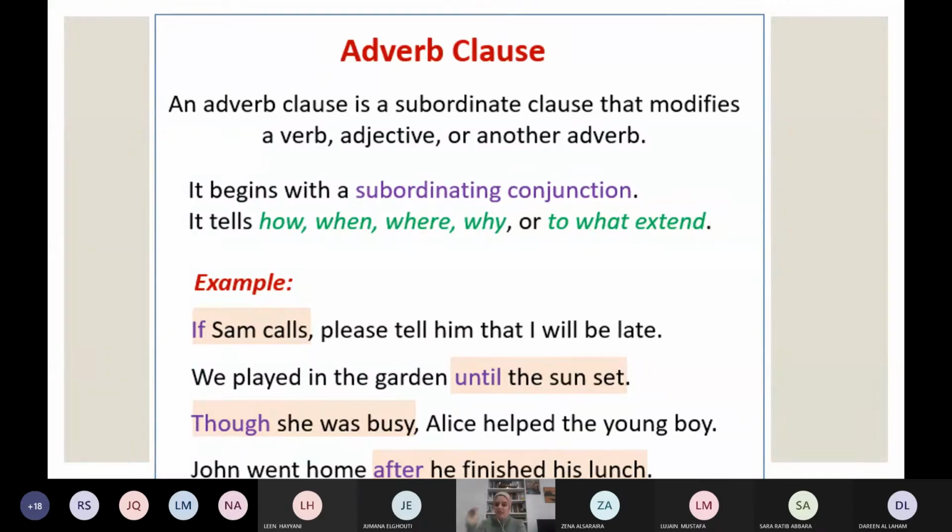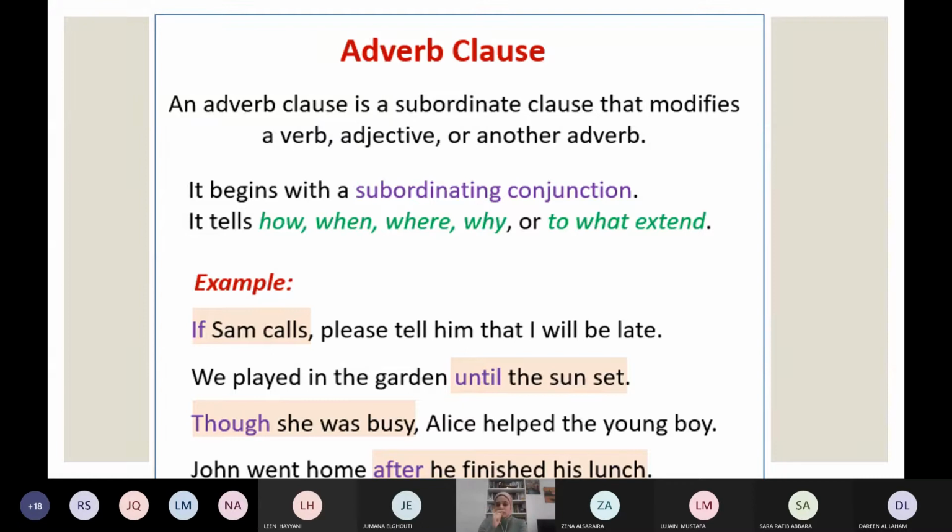He went there, there is an adverb because it tells where. I love you too much, much is an adverb because it says to what extent. The same as adverbs, adverb clauses answer how, when, where, why, to what extent.